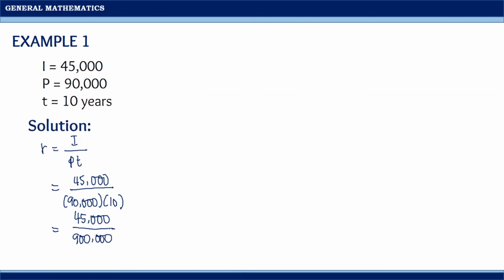Then finally, dividing 45,000 by 900,000, then the rate is equal to 0.05. When you want to convert it into percent, then simply multiply the resulting number by 100. So in percent, 0.05 is equal to 5%.